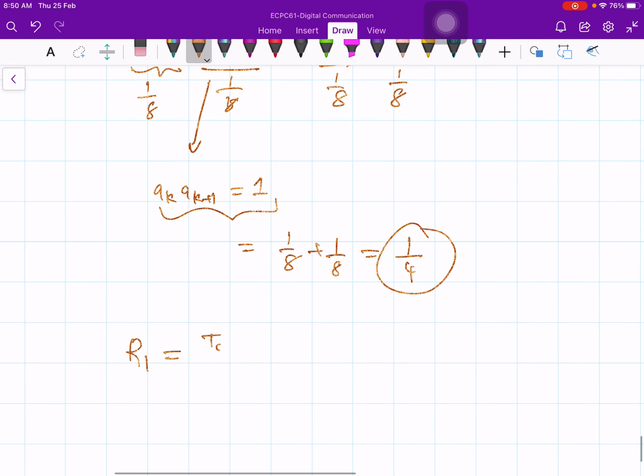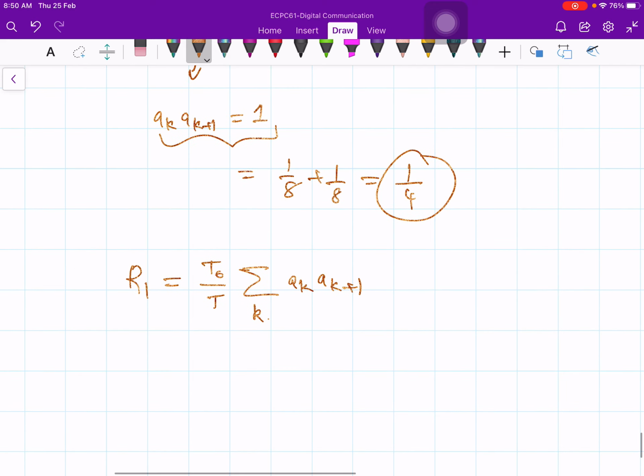R1 is equal to T0 by T summation over AK times AK plus 1 and K. Now this is T0 by T within a bracket. What is the total duration? Minus T by 2 to plus T by 2.